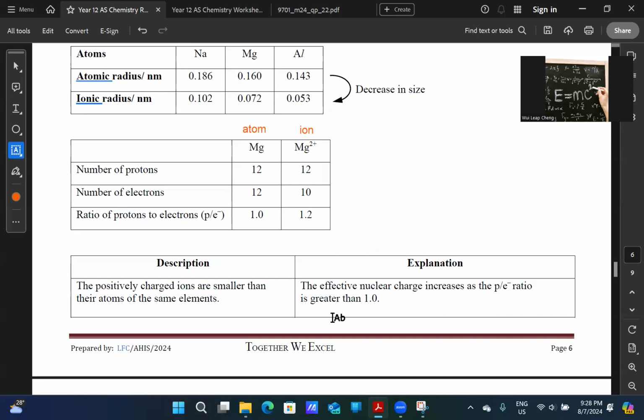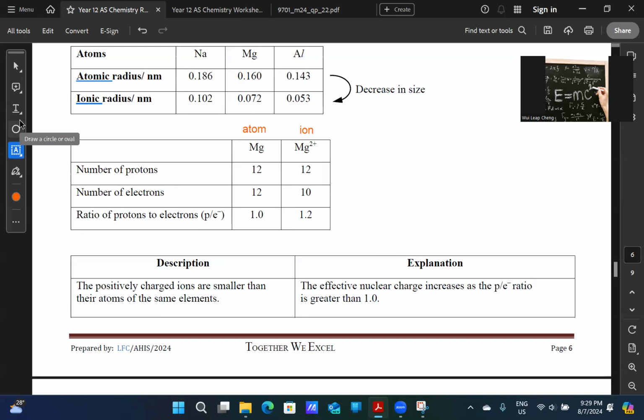So if the ratio is greater than 1.0, the nuclear charge will increase. When nuclear charge increases, it can attract the outer electron shell closer to the nucleus. So the radius of the atom will reduce, understand? Remember that. How do you know the nuclear charge increases?